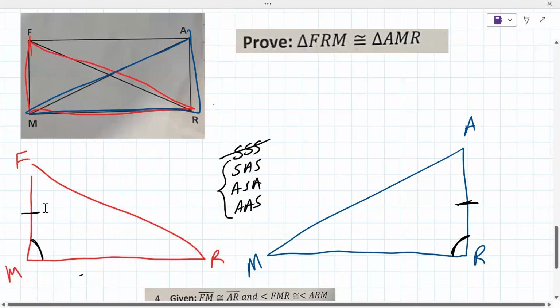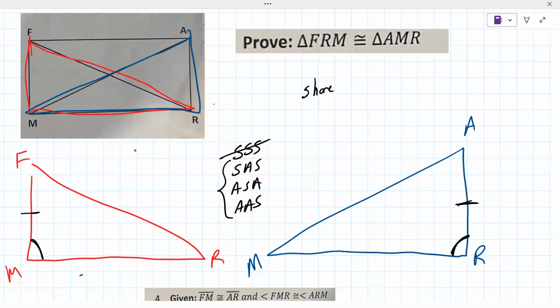Because of the reflexive. And what makes them reflexive? Okay, so they're shared. That's the important word here. That's why they're reflexive. Both triangles share the same side.